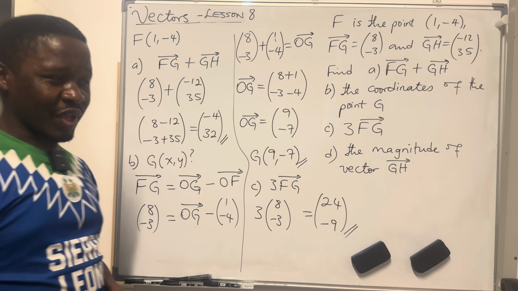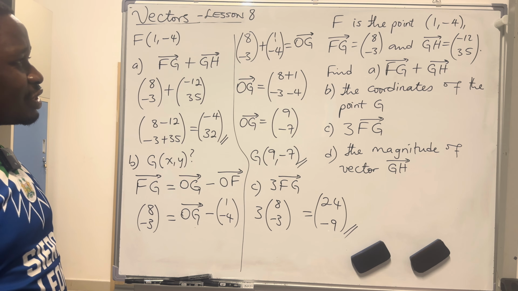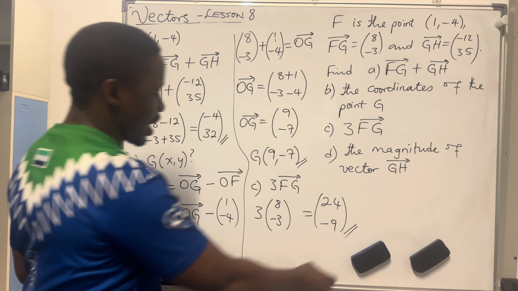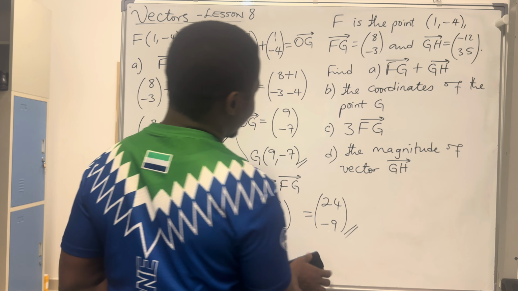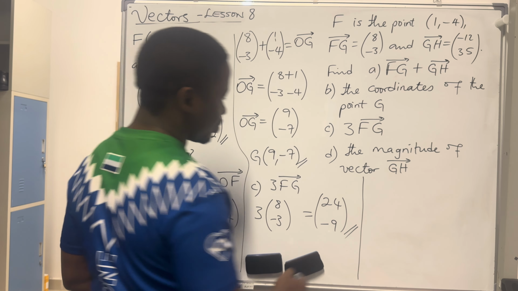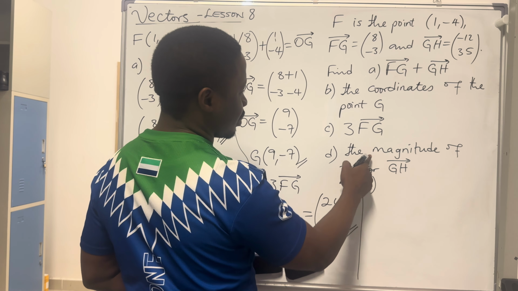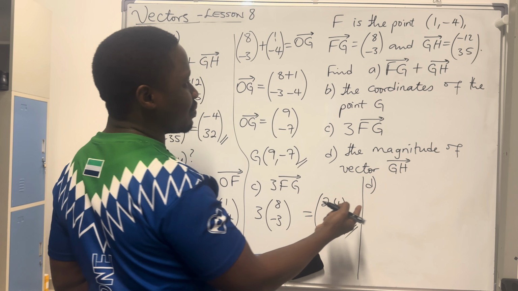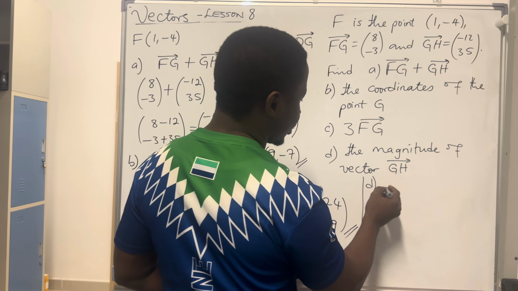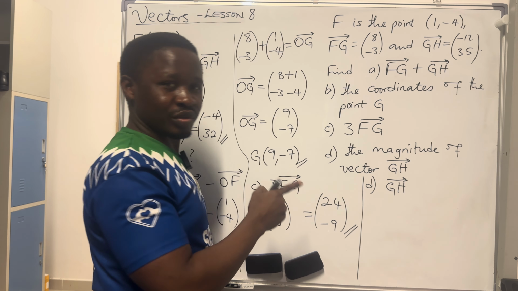So the next one is to find the magnitude of what? GH. The magnitude of GH. Okay, I don't want to erase so that you'll be able to see everything, especially for those who are interested in copying. The magnitude of vector GH. Are we given GH? Yes. So we say GH, this is the vector.